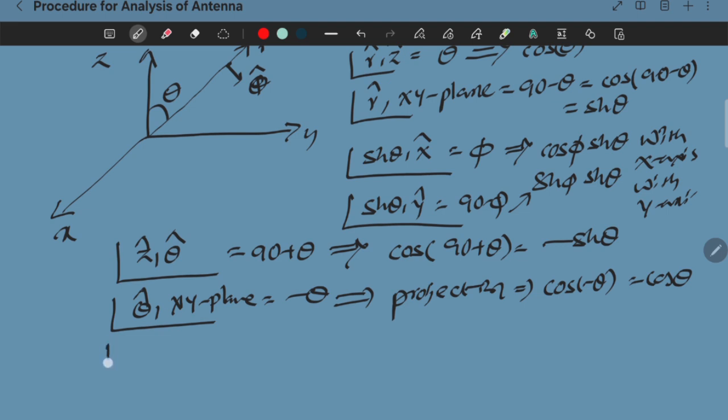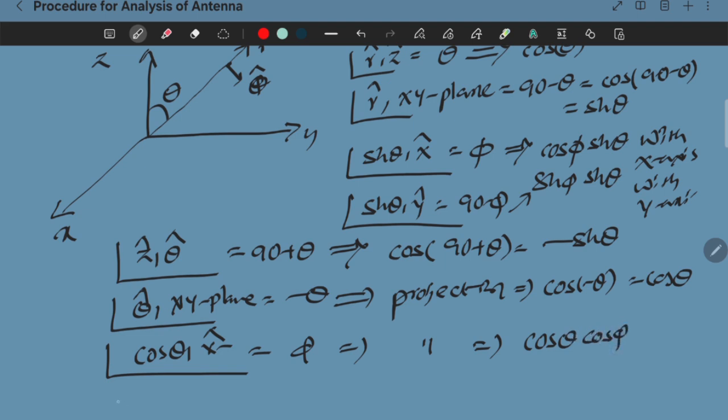Okay. Then the angle between this cos theta and the x-axis is phi. So the projection will be cos theta cos phi. And the angle between cos theta and the y-axis is 90 minus phi.